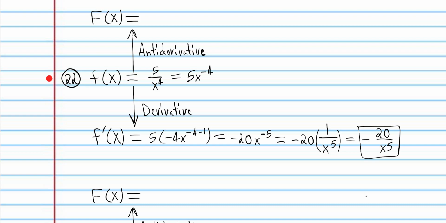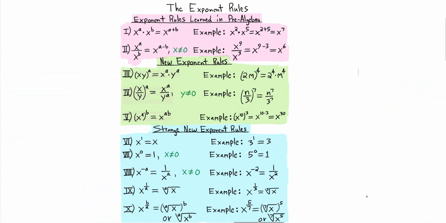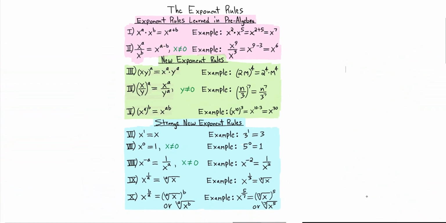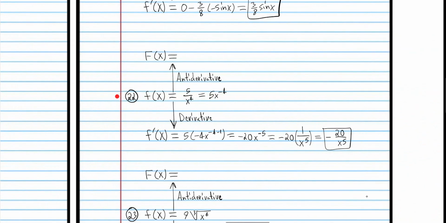So I'm going to find the exponent rules for you in case you want to review those. So here are the exponent rules. We used this rule here, number 8. So you may want to get a picture of those rules if you want to review those.